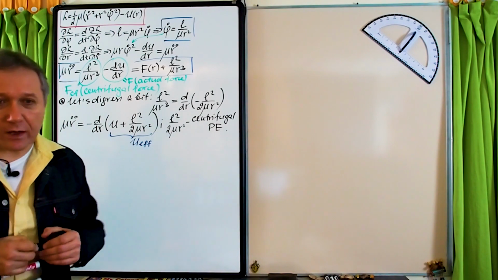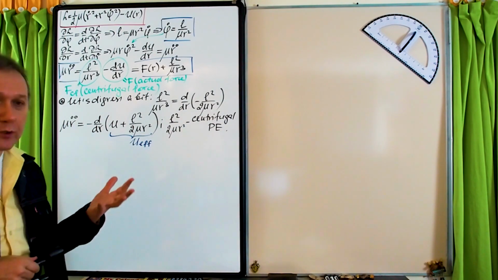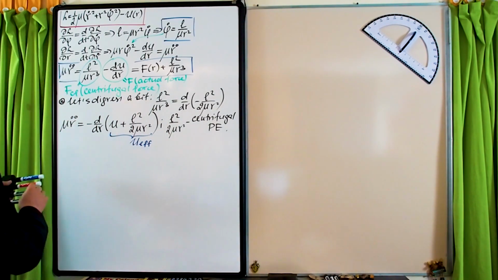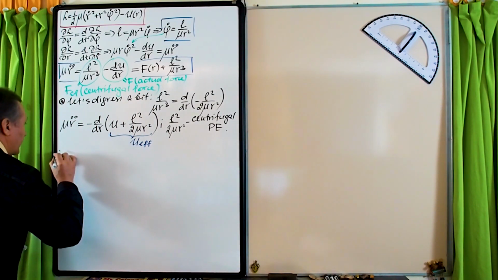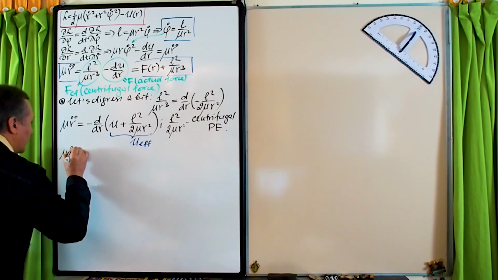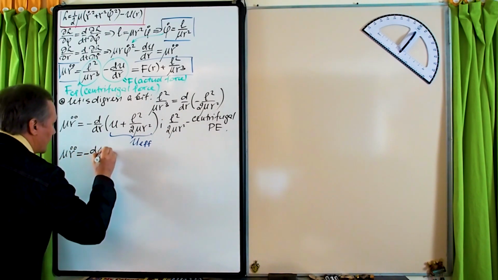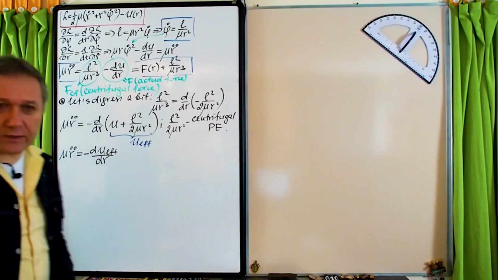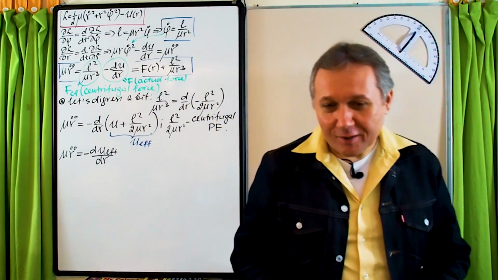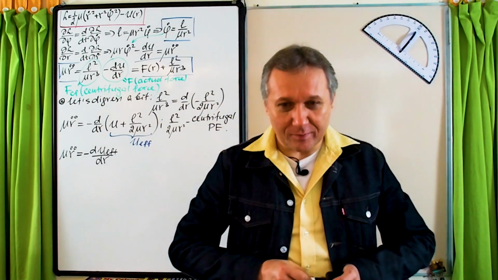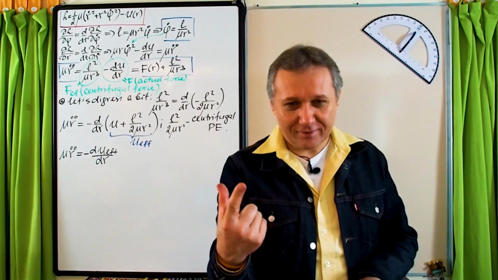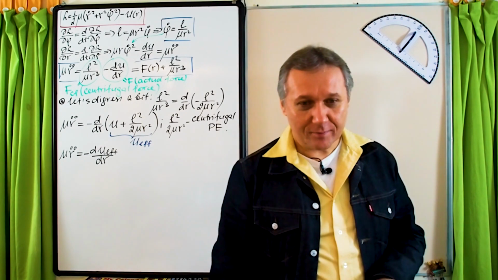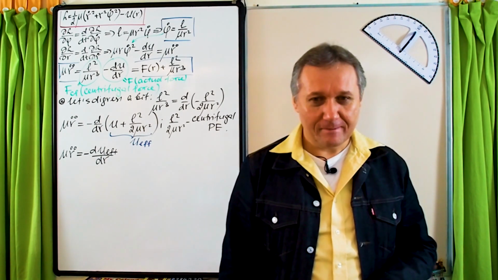It's a very clever and very useful idea when you want to analyze the behavior of the system conceptually, because what we're getting effectively now is mu R double dot equals minus dU effective over dr. Look at this equation. It's the equation of a one-dimensional system of a particle, which depends only on R. So it's a one-dimensional problem.